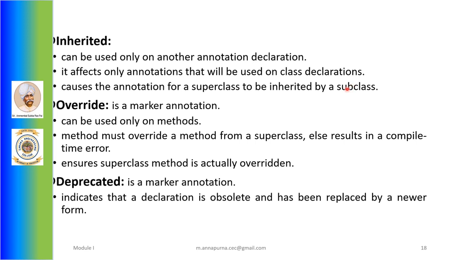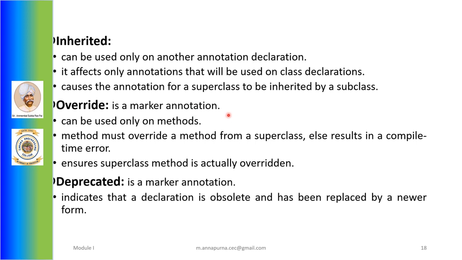Therefore, when a request for a specific annotation is made to the subclass, if that annotation is not present in the subclass, then its superclass is checked. If that annotation is present in the superclass and if it is annotated with @Inherited, then that annotation will be returned.